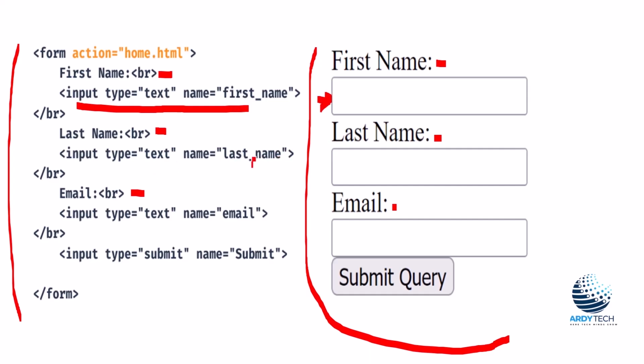This input also gives this output, and this input also gives this output. Of course, the input submit here gives the submit query button we are seeing here. So this is an example of a simple form. Here the user has the possibility to enter their information in this field and then click on submit for processing.